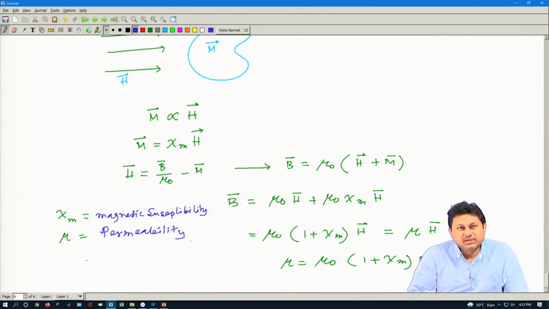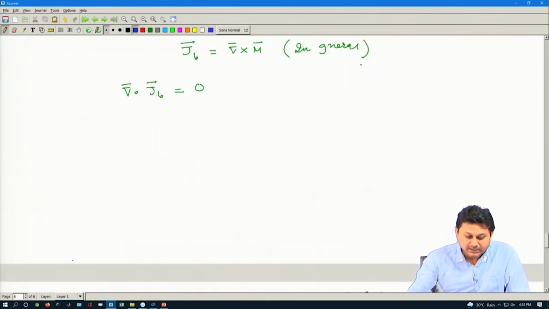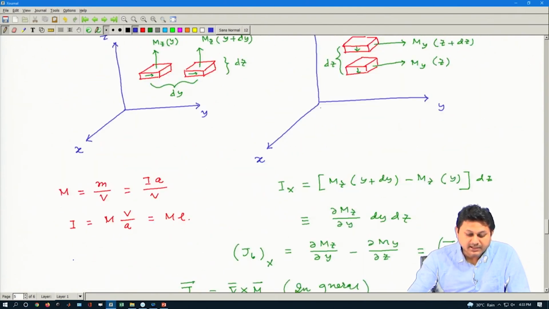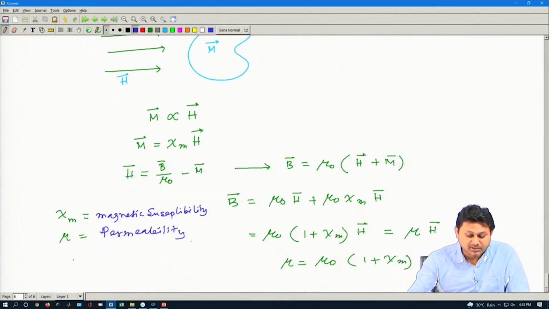In today's class we learned about the magnetization, and then we tried to understand how the bound current and the surface current can be realized, the bound magnetic current and bound surface current density, and then tried to understand the concept of magnetic susceptibility and permeability, etc. So, with that I would like to conclude my class here. Thank you for your attention and see you in the next class.